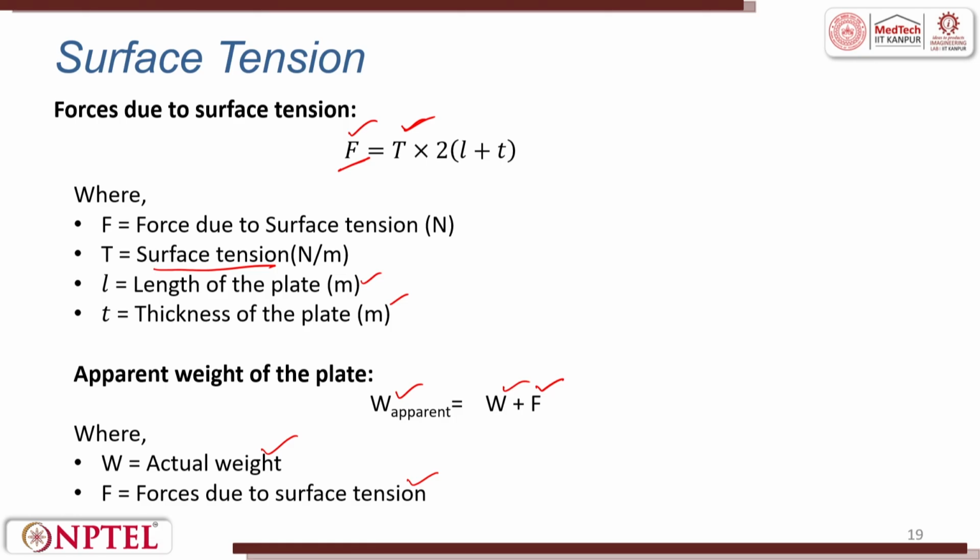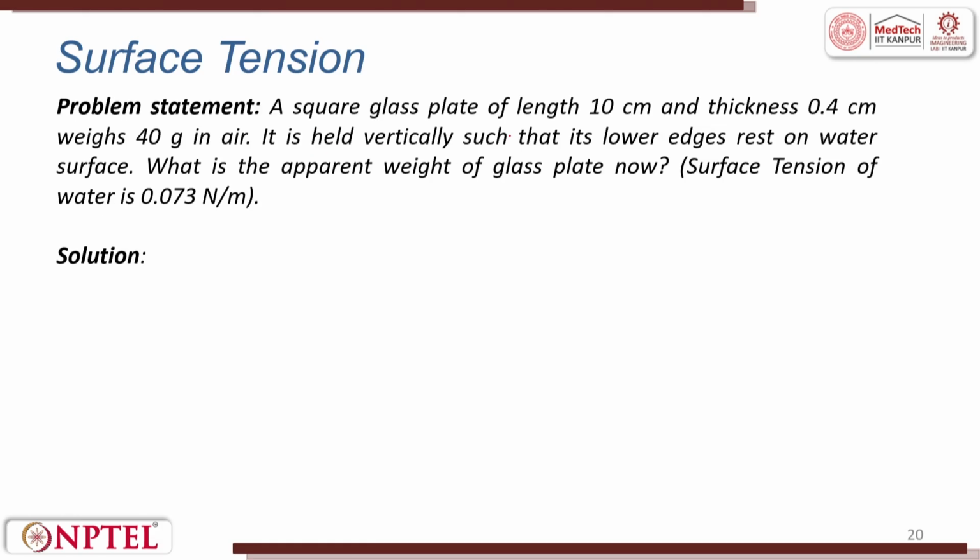Let me see a problem statement here. A square glass plate of length 10 cm and thickness 0.4 cm weighs 40 grams in air. It is held vertically such that its lower edges rest on the water surface. What is the apparent weight of the glass plate now? Surface tension of water is 0.073 newtons per meter.